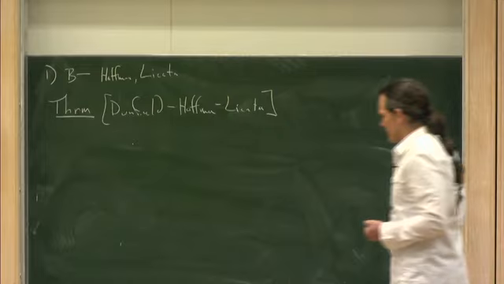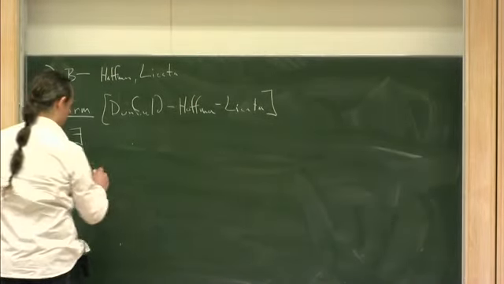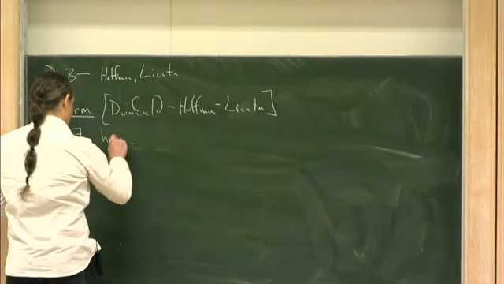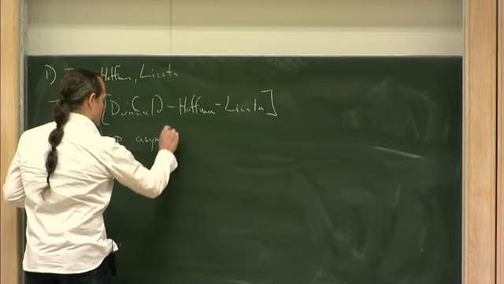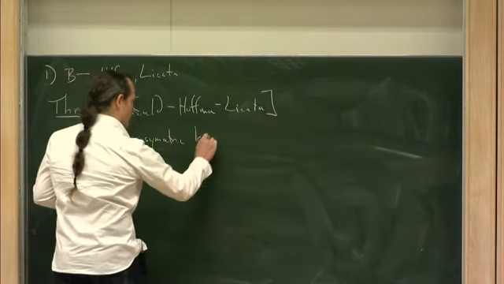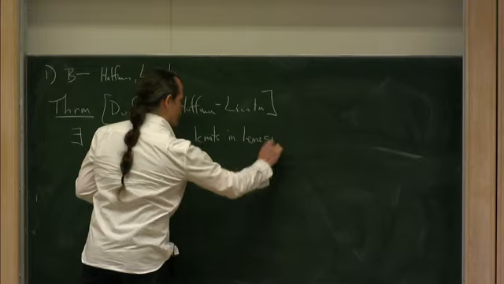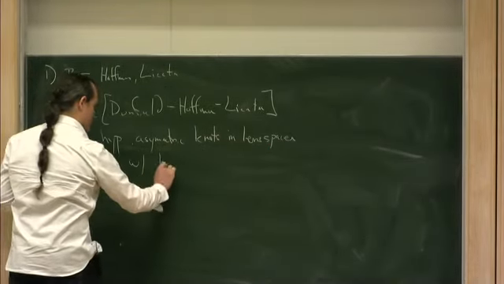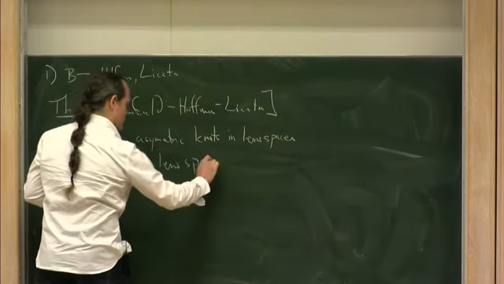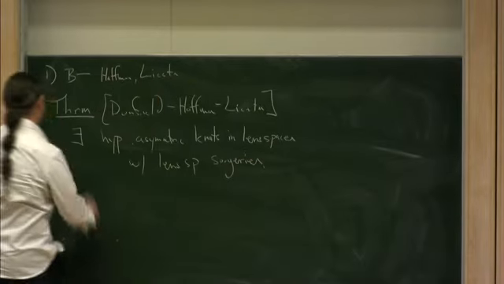Well, what they say is that there exist, let me phrase it this way, there exist hyperbolic asymmetric knots in lens spaces with lens space surgeries. Okay.